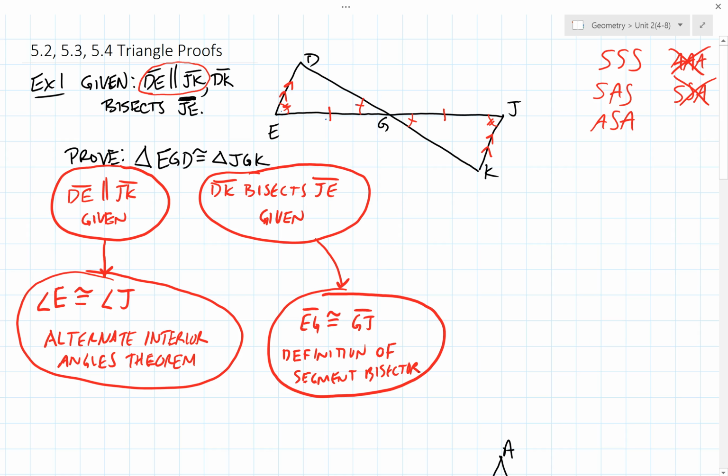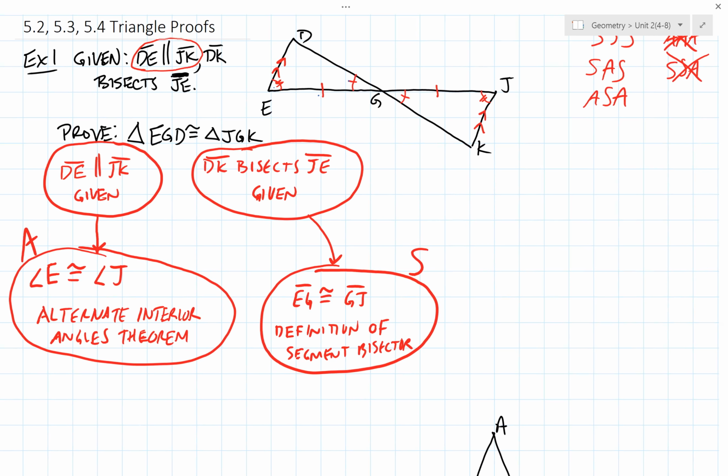Okay, good. So now what we have is a pair of matching angles, so I'm going to label that with an A. We have a pair of matching sides, so I'm going to label that with an S. And then we had something else that we marked on the diagram. What was that? Robin? That's right, and that was the vertical angle.